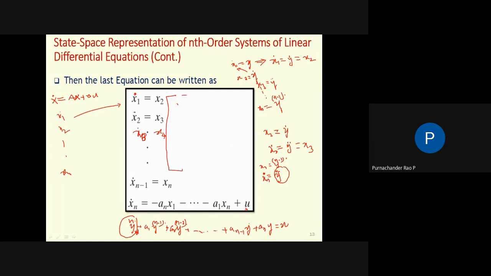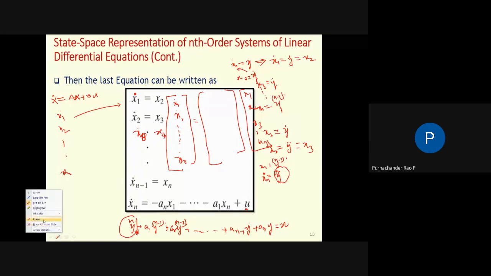The x dash will be equal to, this is a matrix A, let us assume. This is x1 dash, this is x2 dash, and so on up to xn dash, which will be equal to x1, x2, x3, and so on up to xn.